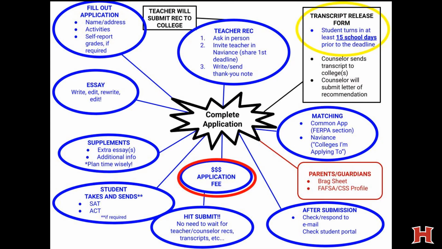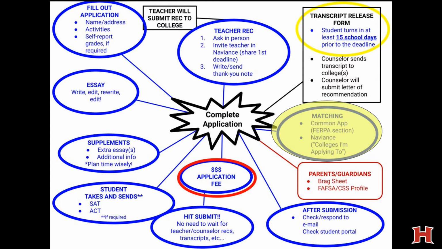Another very important piece of the process is the Common App matching process. As we've discussed previously in this presentation, students are responsible for their pieces, which includes the actual application, whether it's Common App, Coalition, or the institution's individual application, any supplements, standardized test scores, and any fees associated with the application.